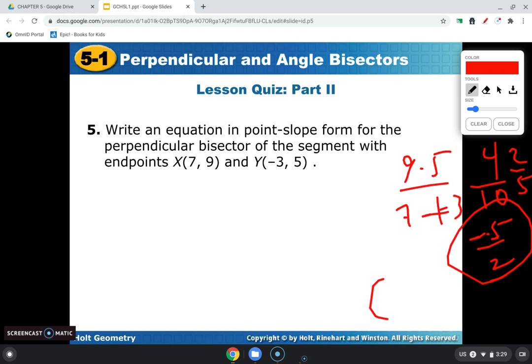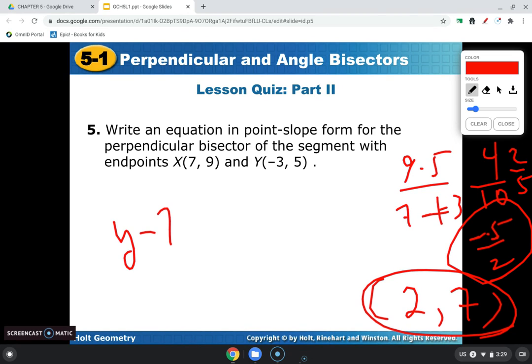Then we're going to find the midpoint. 7 plus -3 is 4, divided by 2 is 2. 9 plus 5 is 14, divided by 2 is 7. So people make the mistake of just taking the point and putting it back in. You want to make sure you put the midpoint into that formula. So y minus 7 equals -5 halves times x minus 2. All right, point-slope form of the perpendicular bisector of a line segment.